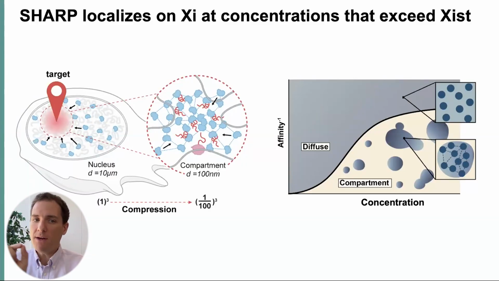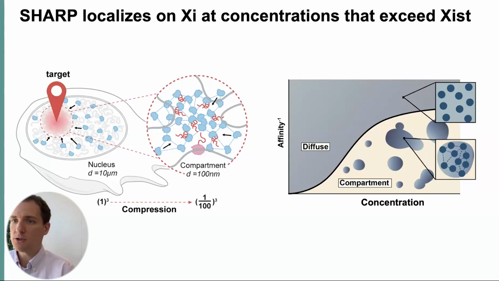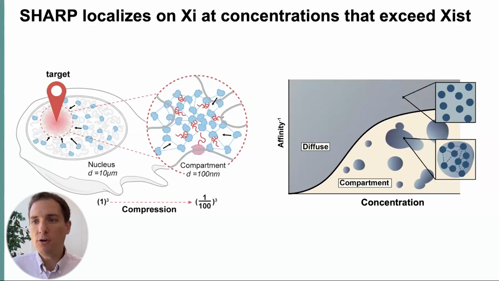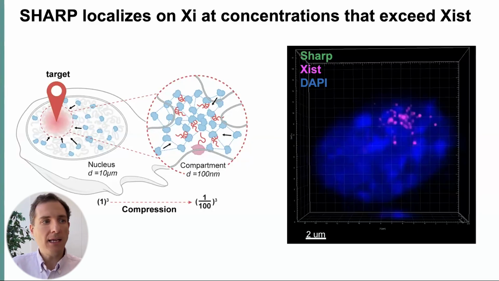So by driving these local concentration changes, you can potentially push the concentration regime from the left side of this curve to the right side, to go from a diffusive to a compartmentalized or condensate-like structure, and you can do that in a localized way within the nucleus.